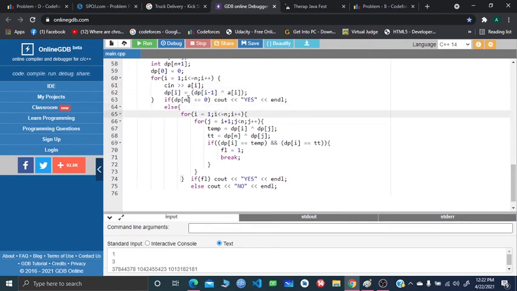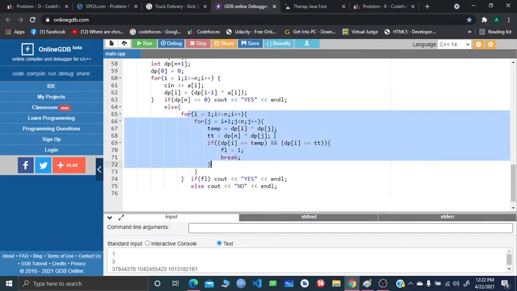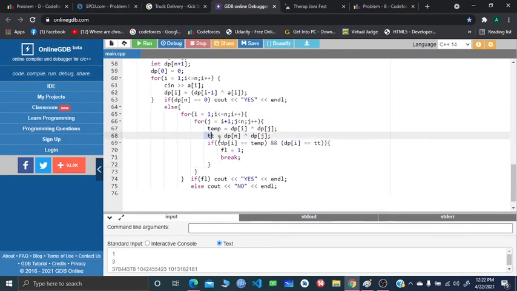If the dp of n equals 0, which is nothing but referring to the XOR values of each and every element, if it's 0, then the answer is yes. Otherwise, I know I have to deal with 3 parts of the array. So how do I do that?